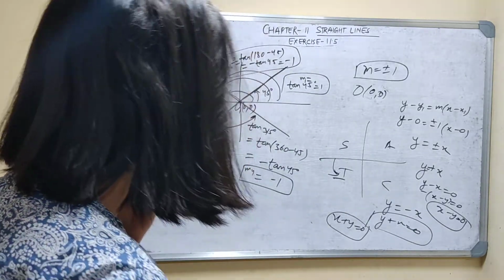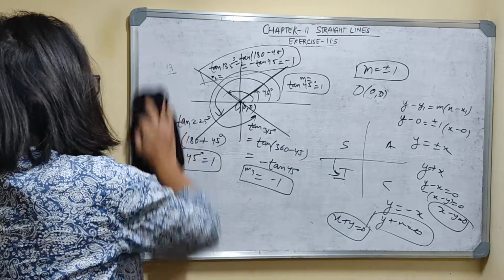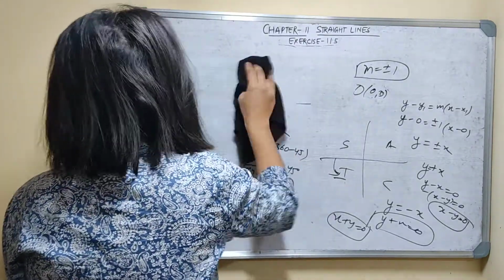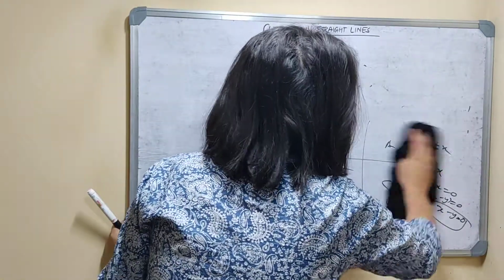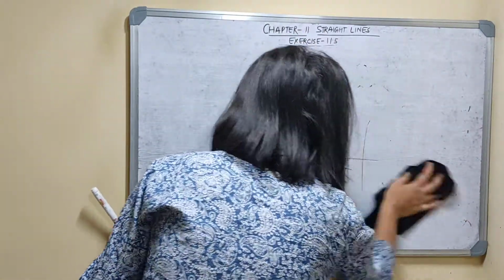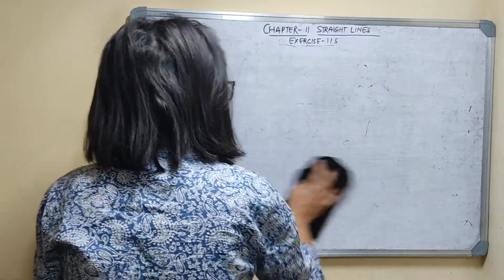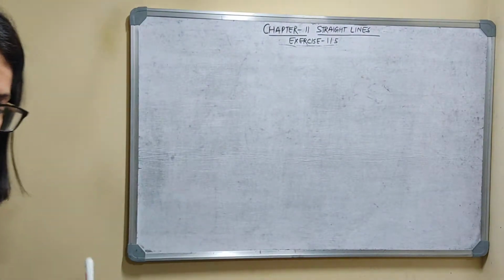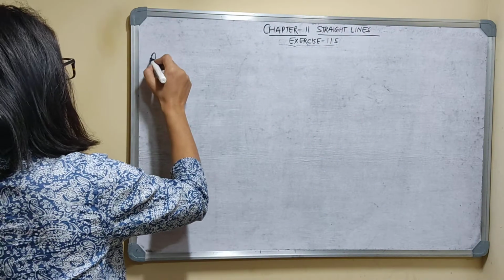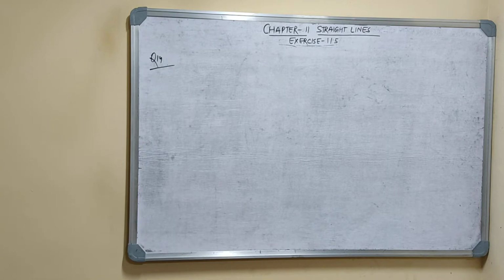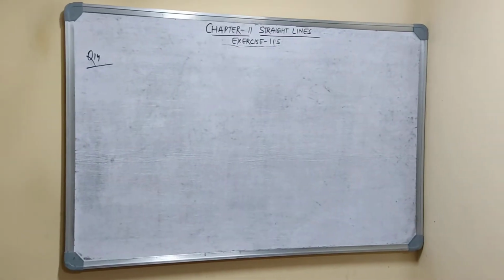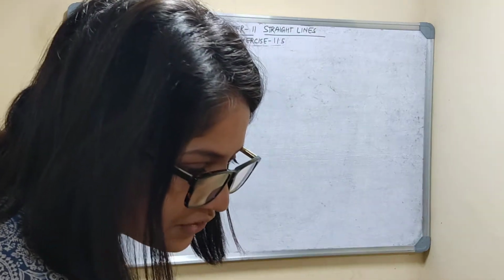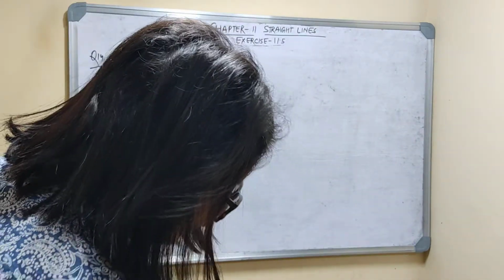Now question number 14. Find the equation of the straight line passing through the point 5, 7.